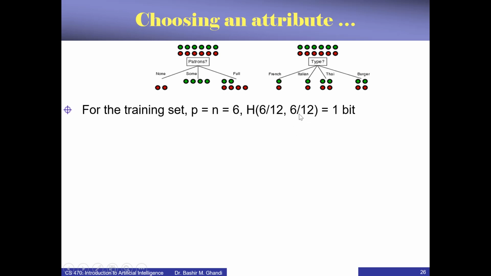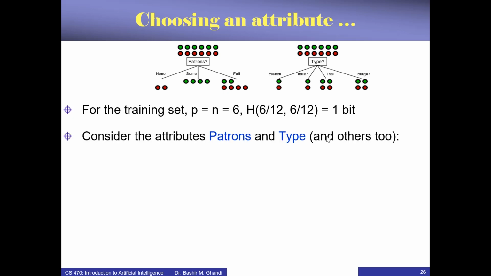And obviously, because they are equal, each of them is half, we will have maximum entropy in this case, and it's going to be 1 bit. So this is the entropy before. The next question is, what is the entropy after the splitting?